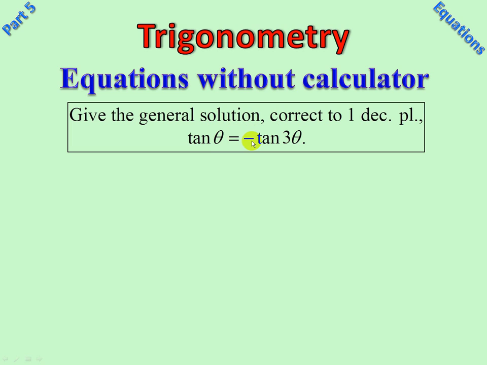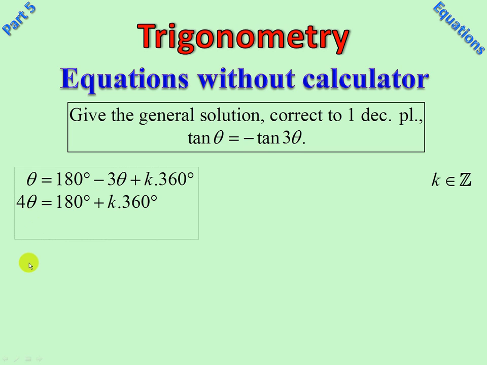So the only difference is I'm going to say, where is tan negative? Second and fourth. So I'm going to say theta equals 180 minus 3 theta, because that's the second quadrant equivalent of 3 theta. Solving that across to there, 4 theta equals 180 plus K360 degrees, which therefore gives me that.